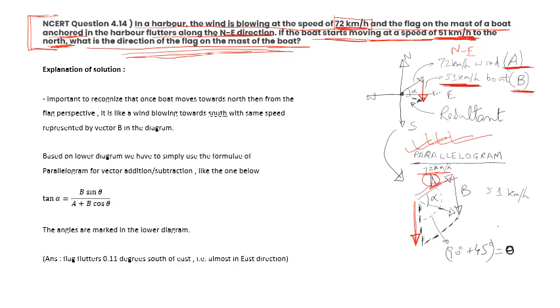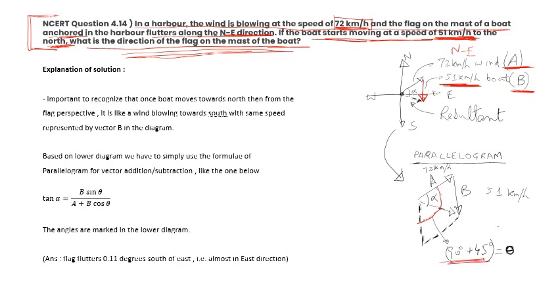This is vector A. So this angle would be 45 plus 90. This is 90, this is 45, because this direction is northeast. Therefore, we can safely say that this angle is 90 plus 45.